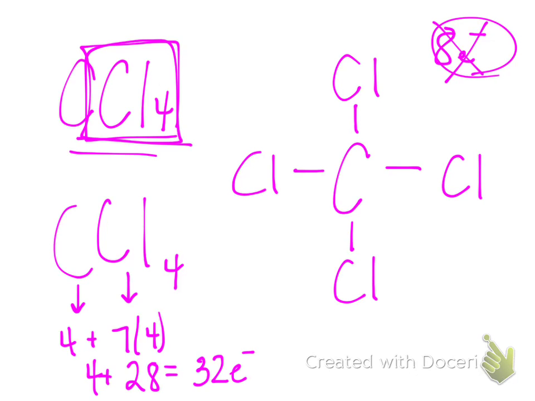So now we need to start looking at completing the octets. Is carbon's octet complete? Yeah, 2, 4, 6, 8, right? It gets to count all of those shared electrons in its octet. Is this chlorine's octet complete? No. So we need to start adding electrons. Here's the rule for when we add electrons. We always add them in pairs. We call these things lone pairs because they're not bonded to anything. So here's 2, 4, 6.